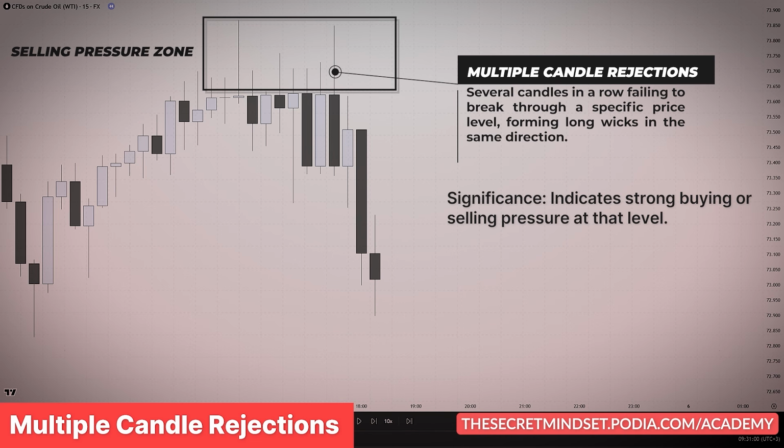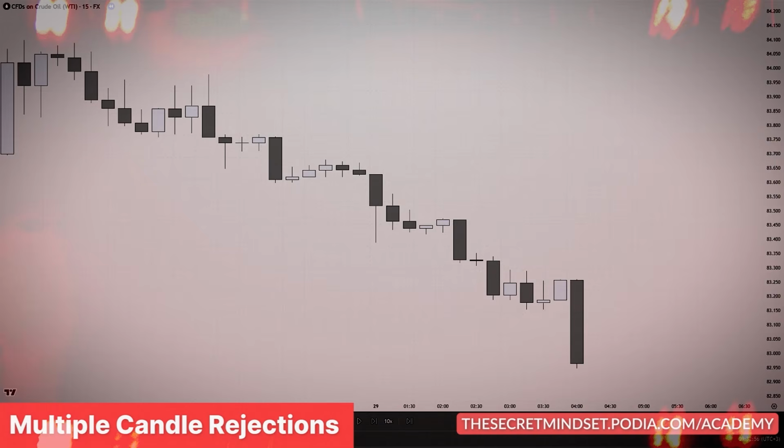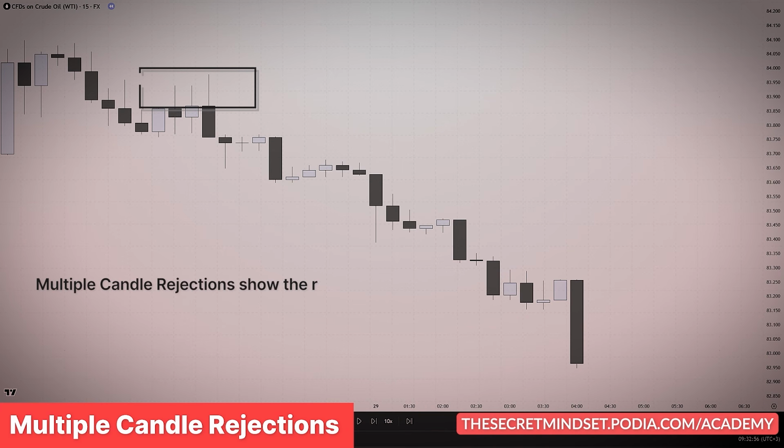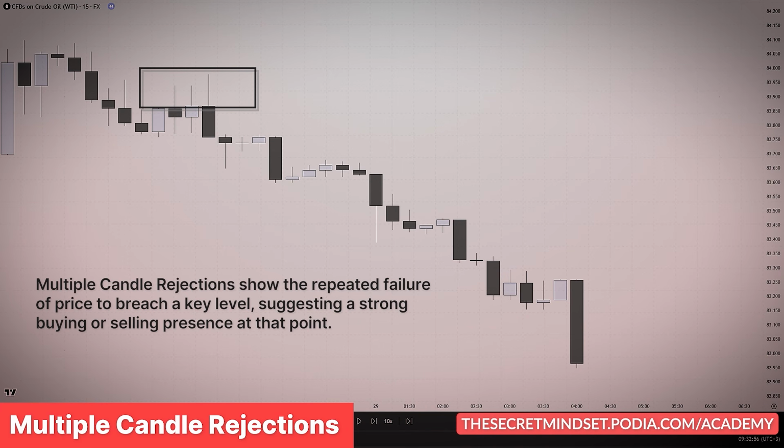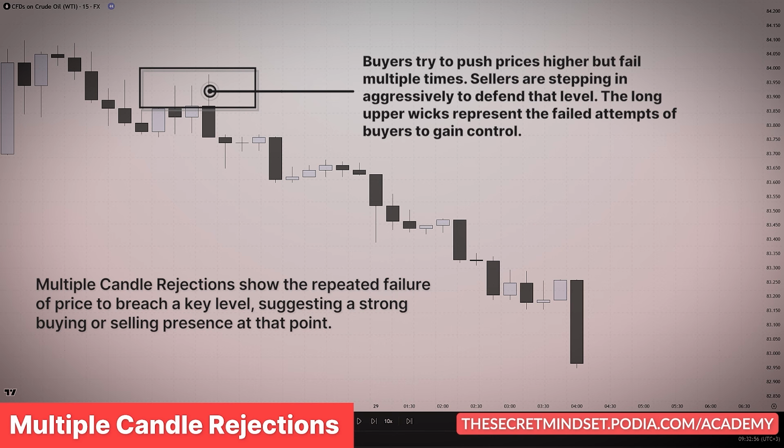These wicks form a selling pressure zone. Multiple candle rejections show the repeated failure of price to breach a key level, suggesting a strong buying or selling presence at that point. When buyers try to push prices higher but fail multiple times, it indicates that sellers are stepping in aggressively to defend that level.